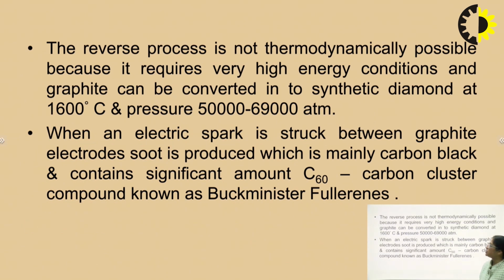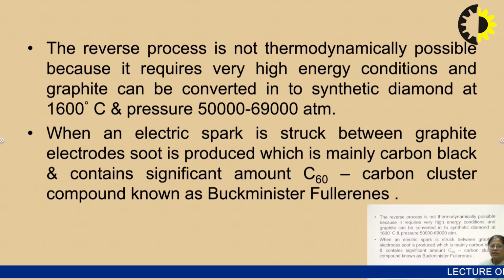The reverse process also requires very high energy conditions, and graphite can be converted into synthetic diamonds at 1600 degrees centigrade and a pressure of the order of 50,000 to 69,000 atmospheres. When an electric spark is struck between two graphite electrodes, soot is produced, which is mainly carbon black, and it contains a significant amount of carbon-60 clusters, also known as Buckminsterfullerene.